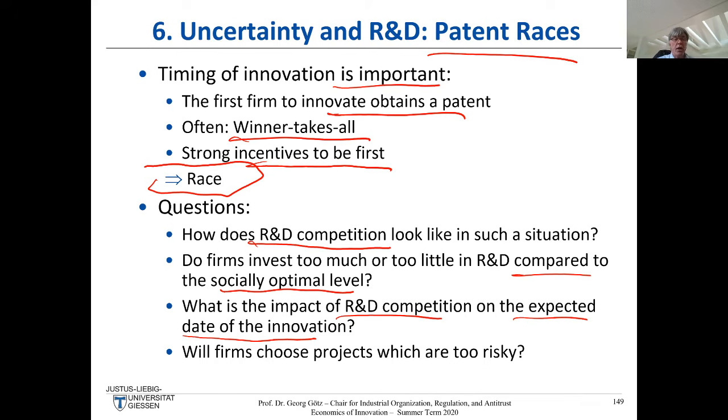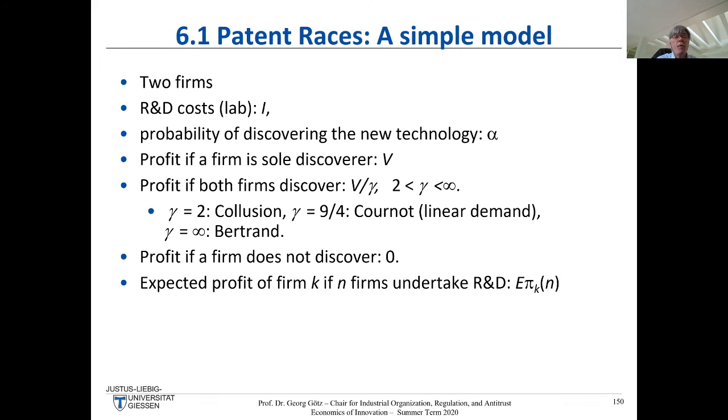Here you had two consortia, and for both of them it was important to be first, and they tried hard to come up with the solution really early. I don't know whether we will be able to cover this topic today, but what you will see is that under competition, firms might choose projects which are in a certain sense too risky from the viewpoint of a social planner.